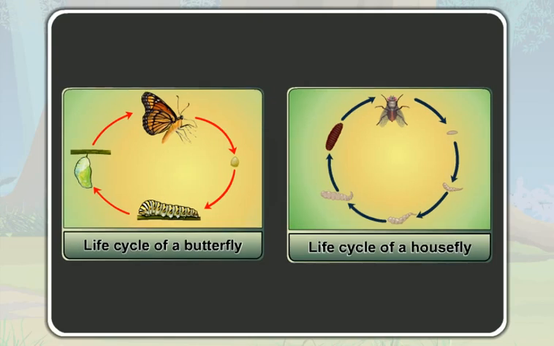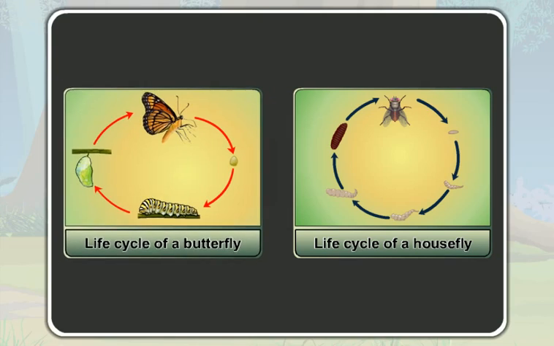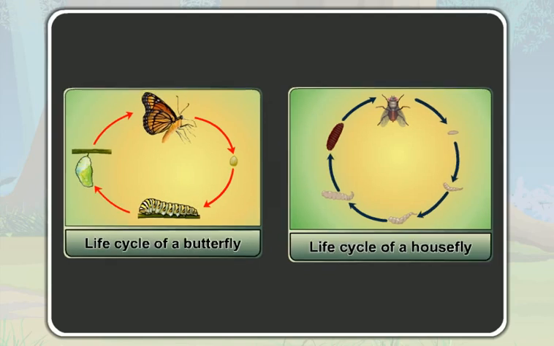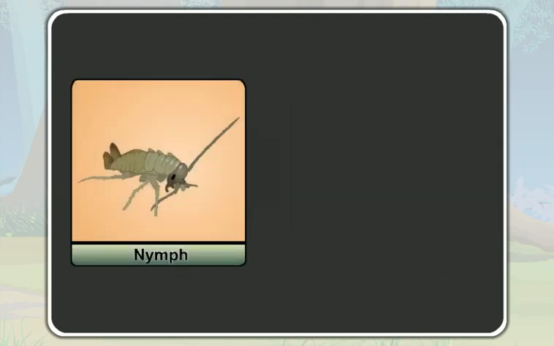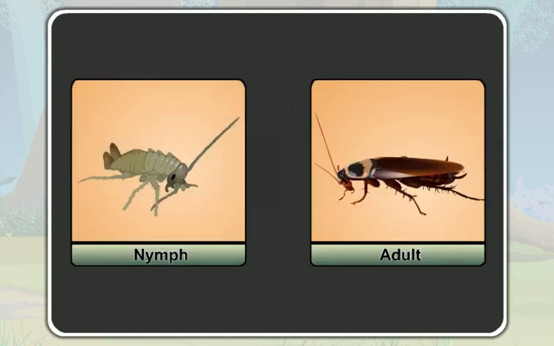All of them look completely different. Unlike the different stages in the life cycle of a butterfly or a housefly, the nymph and the adult stages in the life cycle of a cockroach do not differ completely. The nymph looks like an adult.